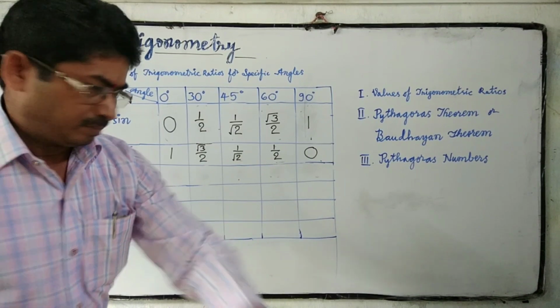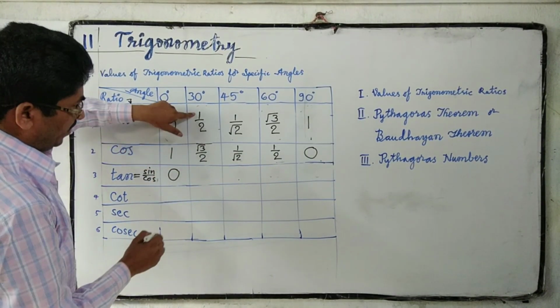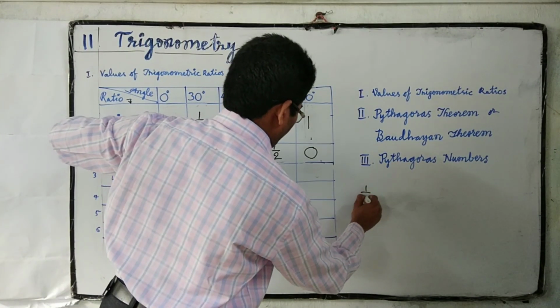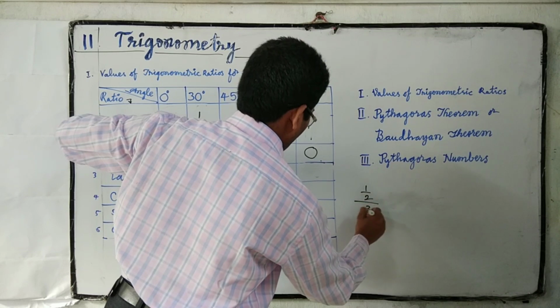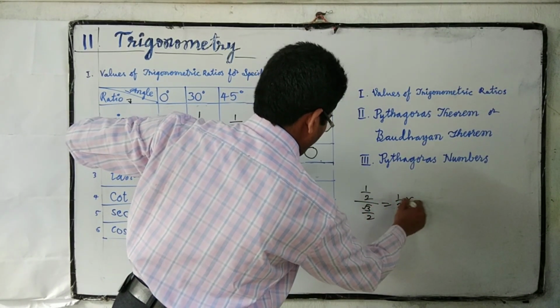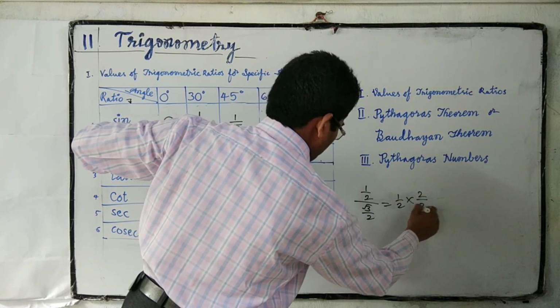Sine by cos. 0 by 1, 0. 1 by 2 by root 3 by 2 is equal to 1 by 2 into the reciprocal of root 3 by 2, which is 2 by root 3.